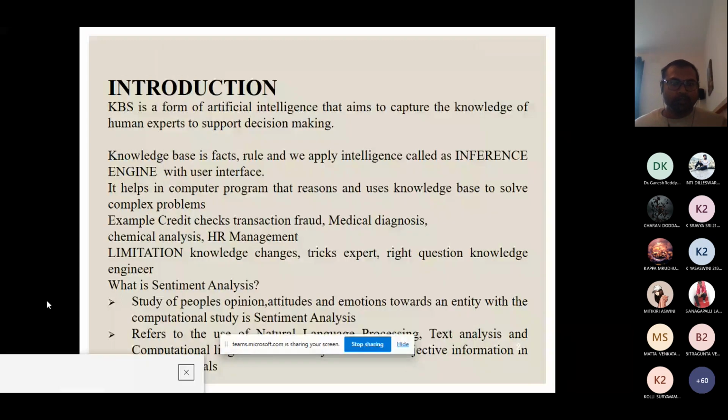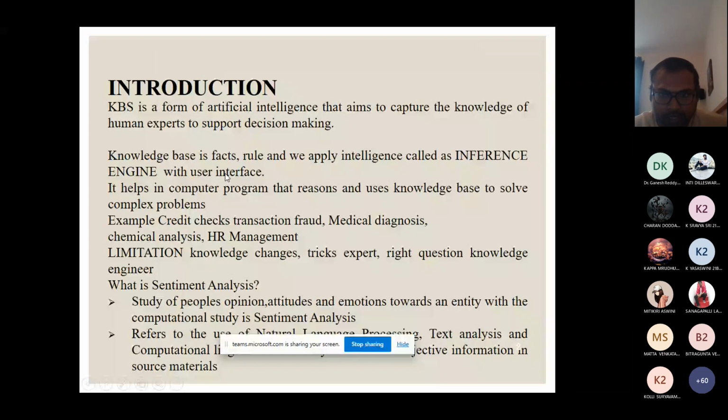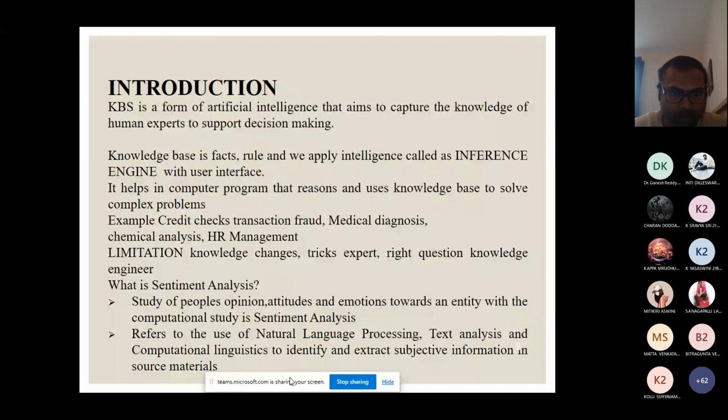So what is sentiment analysis? It is nothing but the computational study of people's opinion towards an entity. It refers to natural language processing and computational linguistics to identify subjective information in source material.